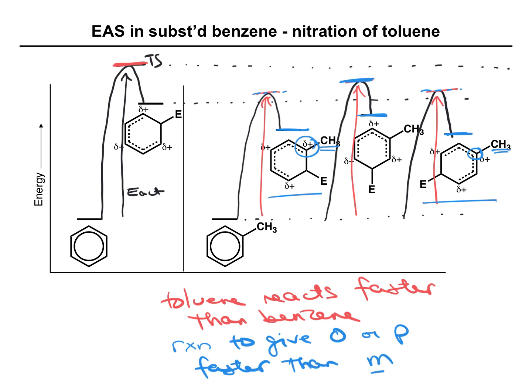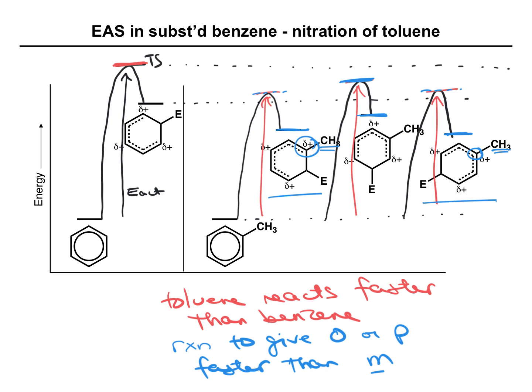product. So by considering the energy profile diagram of benzene compared to toluene, we have an explanation for why toluene reacts faster than benzene, and also why toluene gives primarily the ortho and para product rather than meta.